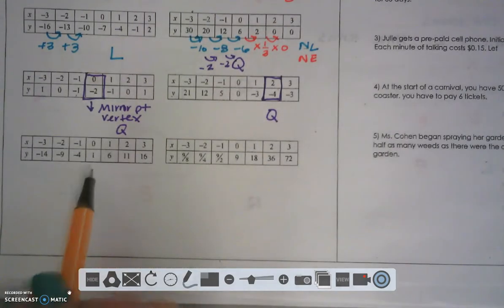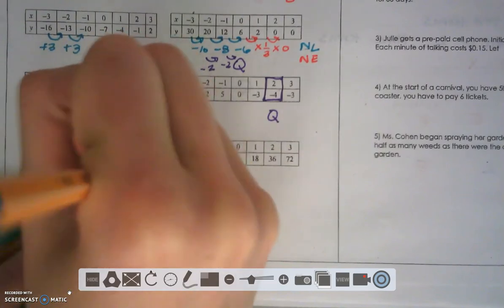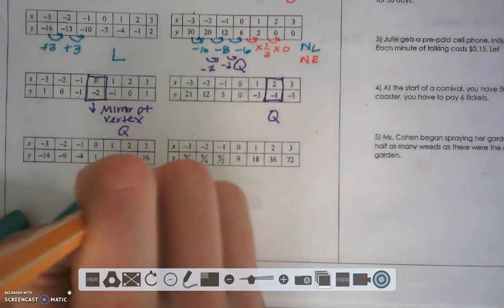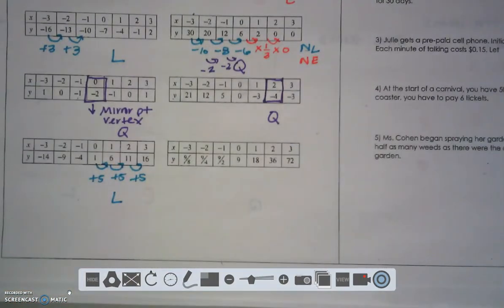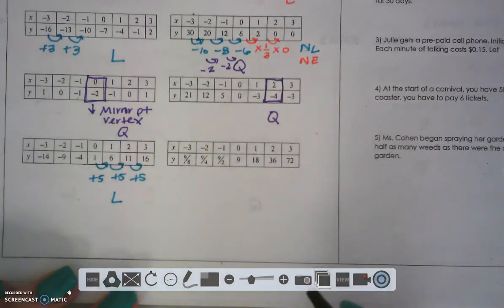This first example that we have left, I'm adding 5 each time. That constant addition is linear. In this next example here, I don't like fractions. I don't like to see them as much. I'm going to focus on my whole numbers.